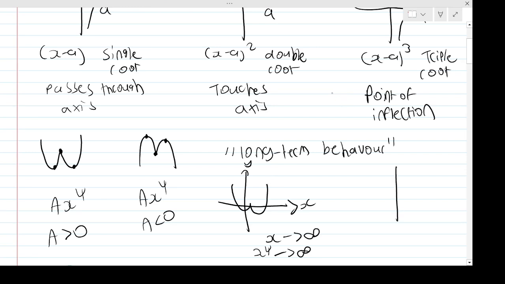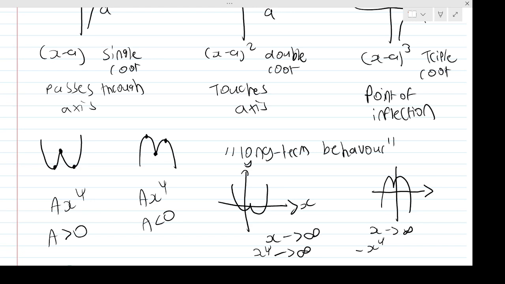On the flip side, if you have the negative version, which looks like this, remember here, as we just discussed, when x goes to infinity, in this case, when x goes that way, if we continue down here, actually it's going to be minus x to the 4 because it's the negative, right? It's going to be a negative amount of x to the 4, okay? Now, x to the 4, as we discussed, is going to infinity.